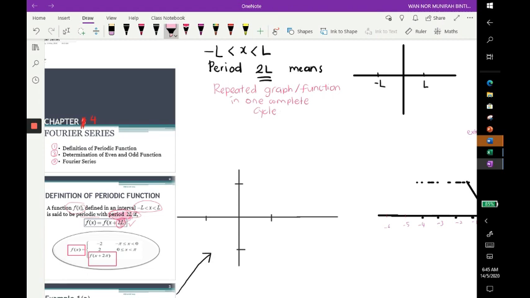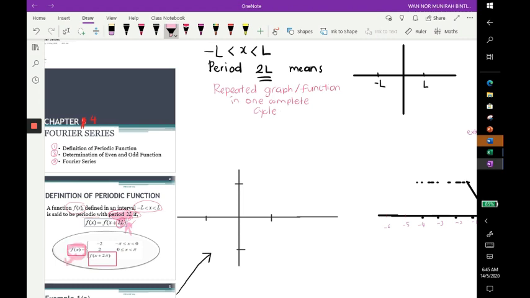A periodic function is a function that repeats again and again within the period of 2L. What does it mean? It means that 2L is your period. So for example, you have f(x) here.